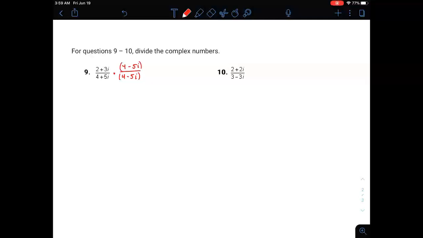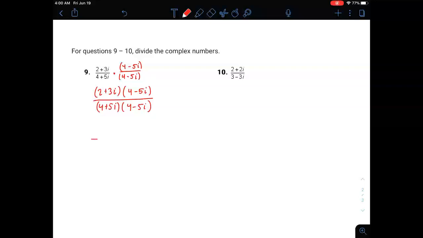And what we can do is we can take this step at a time. So I'll focus solely on the bottom first. 4 plus 5i, 4 minus 5i.